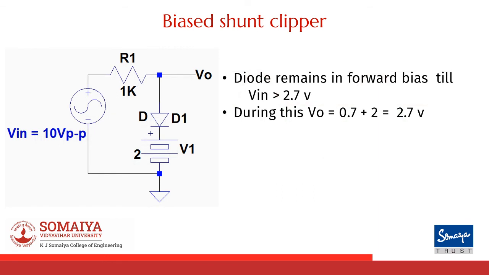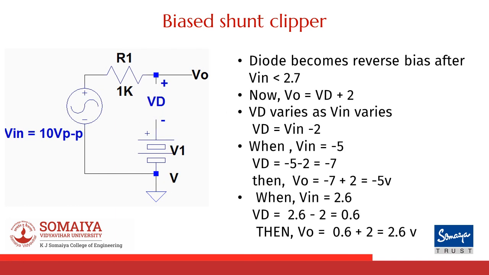Now in this circuit, the cathode of the diode is connected to a plus 2 volts battery. So the diode will remain forward biased for all values of Vin greater than 2.7 volts. The output during this phase would be equal to plus 0.7 volts drop across the diode plus 2 volts battery, which is equal to 2.7 volts. The diode becomes reverse biased for all values of Vin less than 2.7 volts.